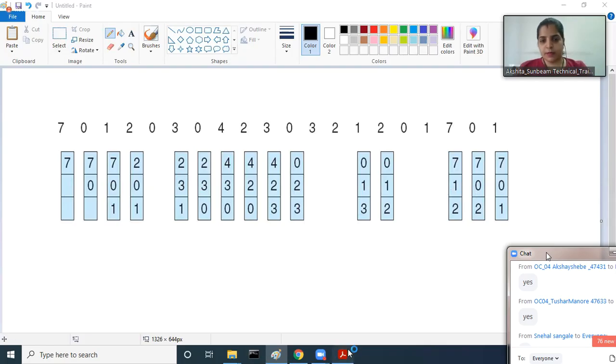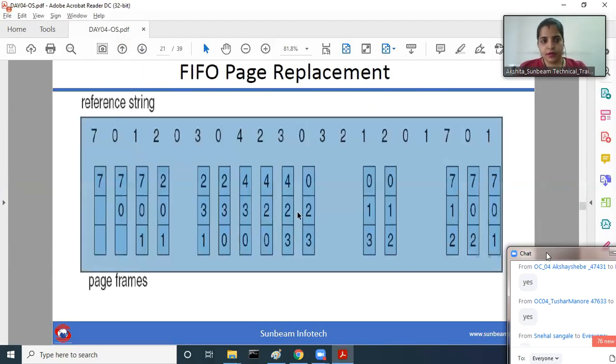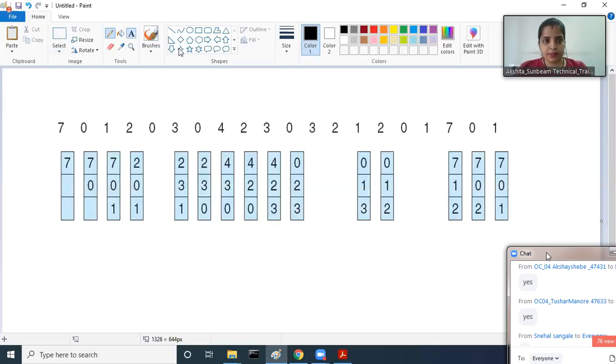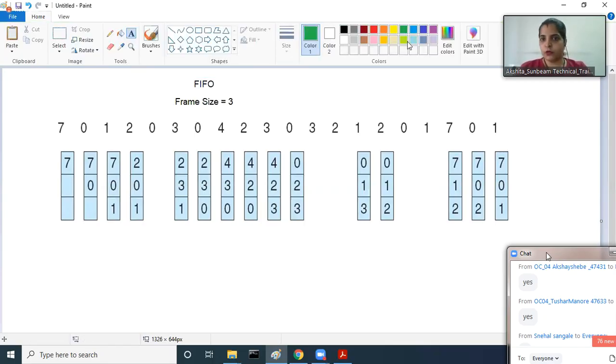Just as my frame size in main memory was 15 earlier, here I'll say my frame size is 3. What is the frame size? It is equal to 3. We are working with the FIFO policy. The page which comes first will go out first. First in, first out policy.